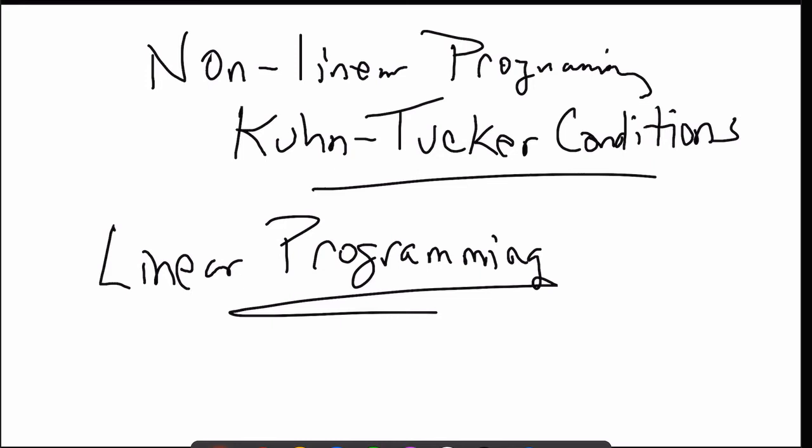And it's very similar to what we're doing. In fact, if you had taken this class a long time ago, there probably would be a chapter on linear programming in there too, but we economists don't generally do that anymore.